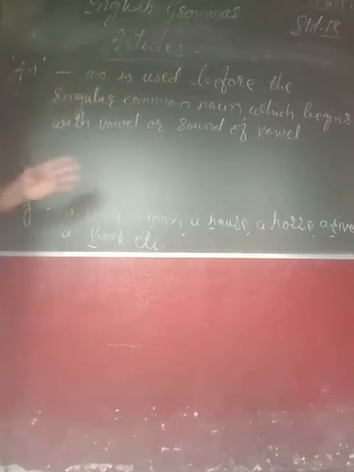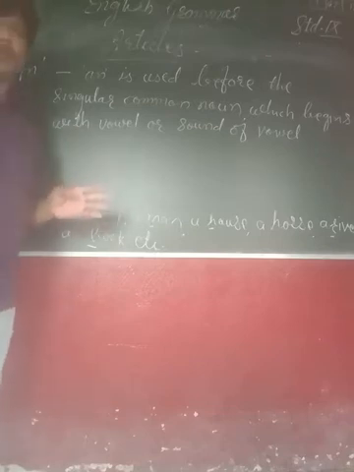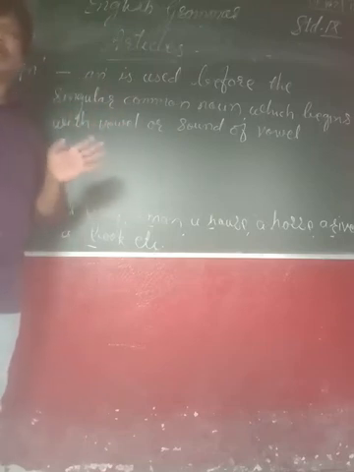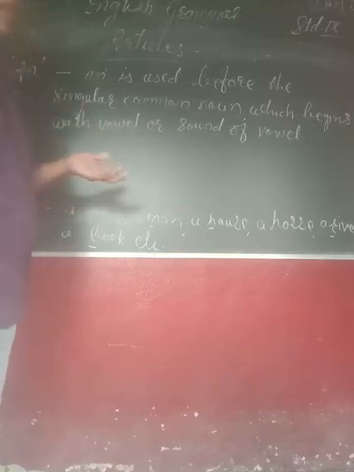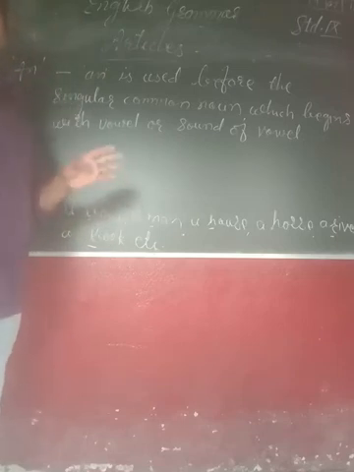Even if the word does not begin with a vowel but sounds like a vowel, that time also an is used before it, even if it begins with a consonant.